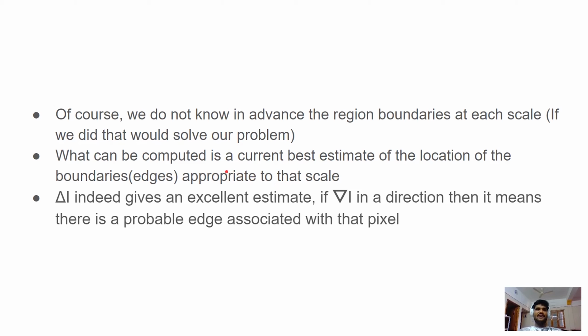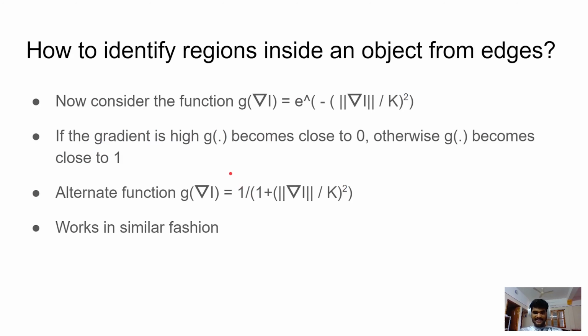If we know an estimated region of the edge, then the gradient in itself is an excellent estimate of the location of an edge. If the gradient is high, that means there is probably an edge there, and we can stop our blurring at that region. So that exactly is what is being proposed by this paper.